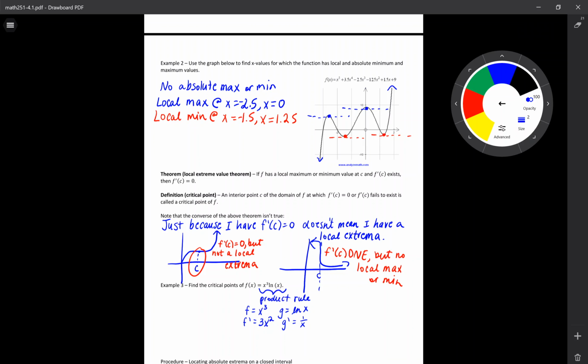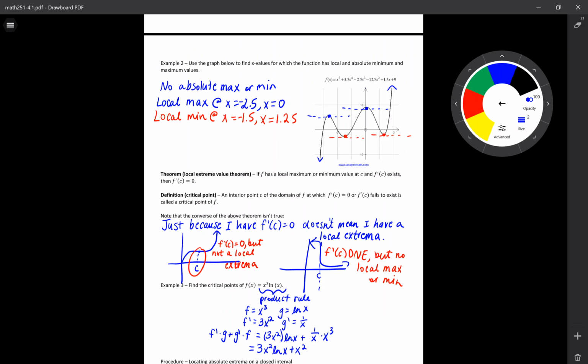So I get that f prime times g plus g prime times f is equal to 3x squared times natural log of x plus 1 over x times x cubed. We can rewrite this, simplifying these second two terms. This is 3x squared times natural log of x plus x squared.